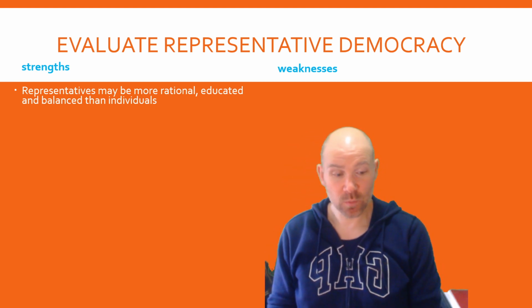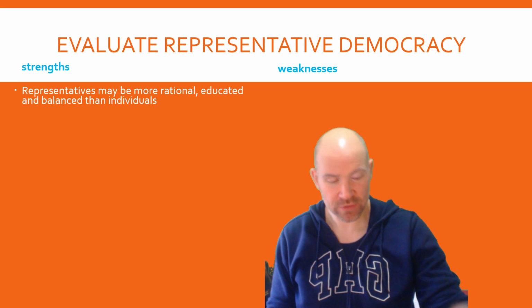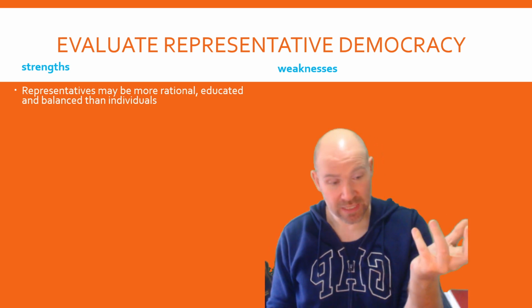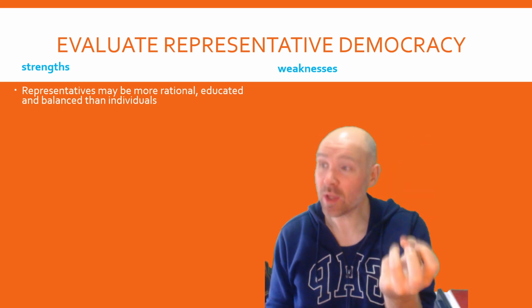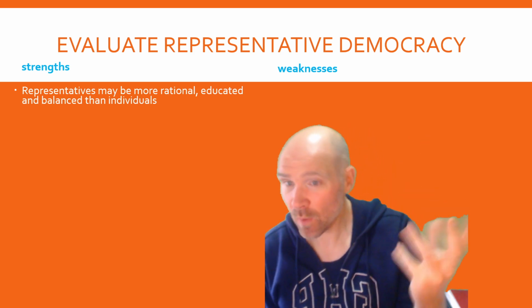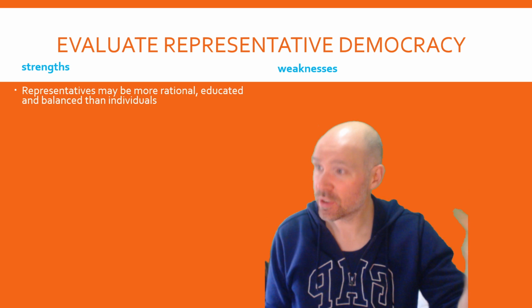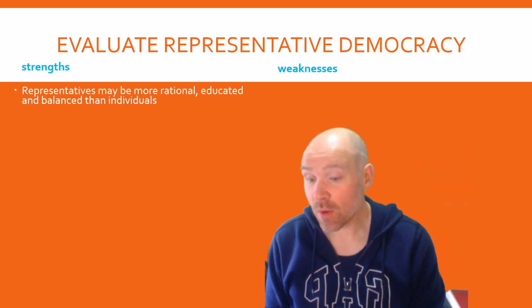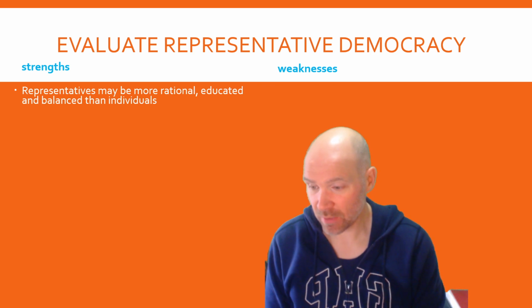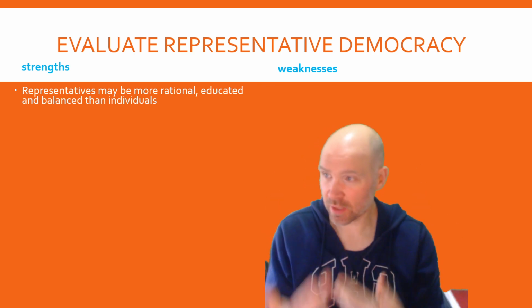Would you trust them with your life, your security, your home, etc., etc.? And so the idea here is that the MP is a particular type of person who may well be more rational, more well educated, more balanced than other individuals. There are more private school educated people in Parliament than there should be, according to a percentage demographic.